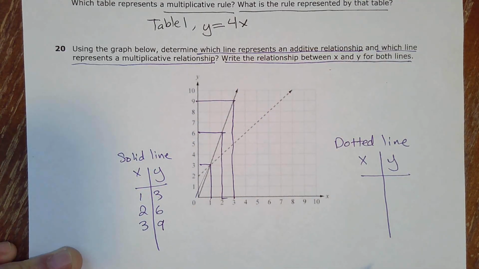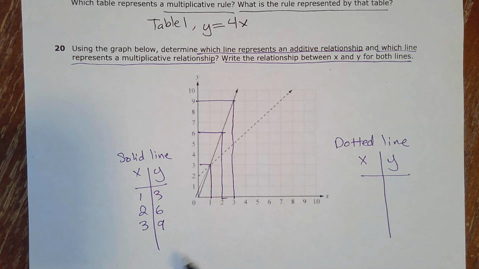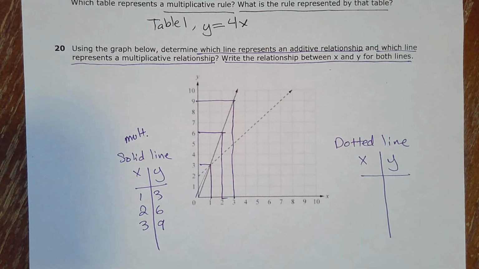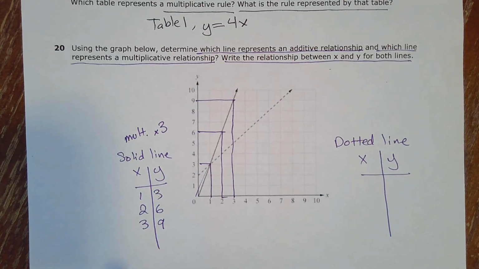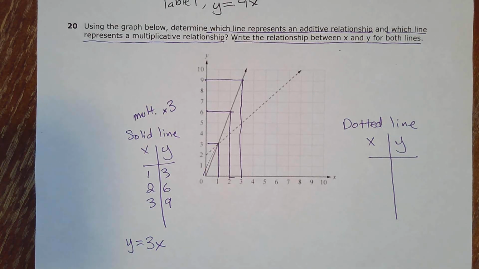And I'll stop there because it's not really that important, right? Well, not necessarily keep going forward. We have 3 ordered pairs, so we can figure out what's happening from 1 to 3, from 2 to 6, from 3 to 9. I think this is my multiplicative relationship, and I think they're multiplying by 3. So I can say that the value of my y is equal to 3 times the value of my x.